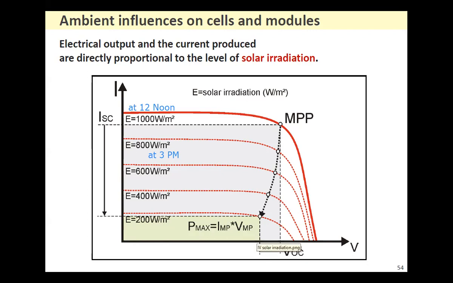The charge current is controlled such that you always get maximum power out of your solar panel. So this is the concept of the maximum power point and the change of maximum power point along the day.